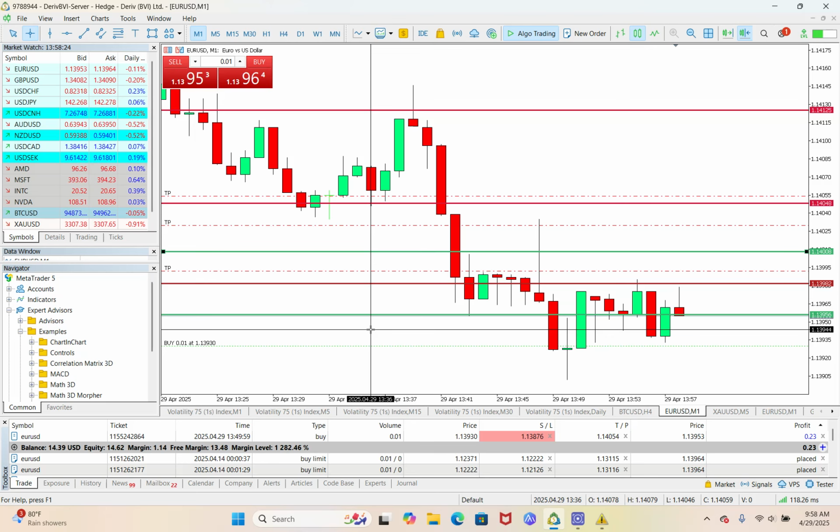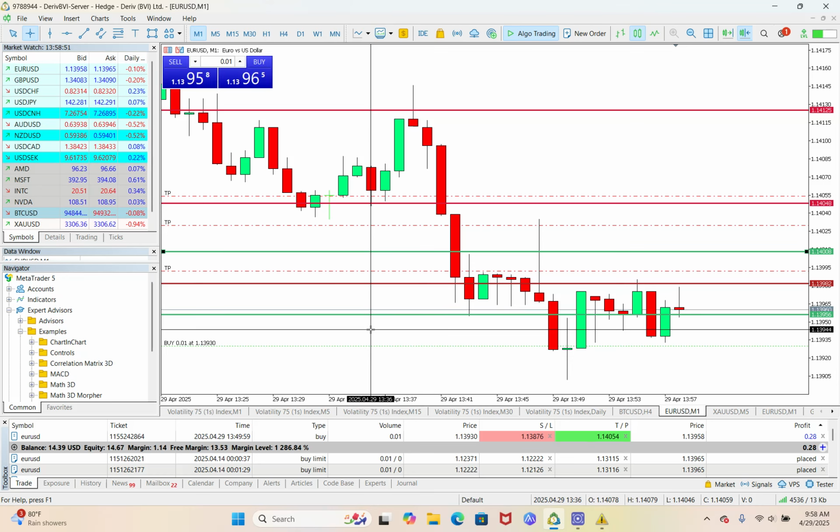Oh no. Oh, sellers make a big rejection to the downside. Wow. So it's a war between buyers and sellers right here. Big war waging. Buyers rebound again with another attempt to overpower the sellers. Sellers will have none of it. Buyers make another attempt. Sellers are resisting.